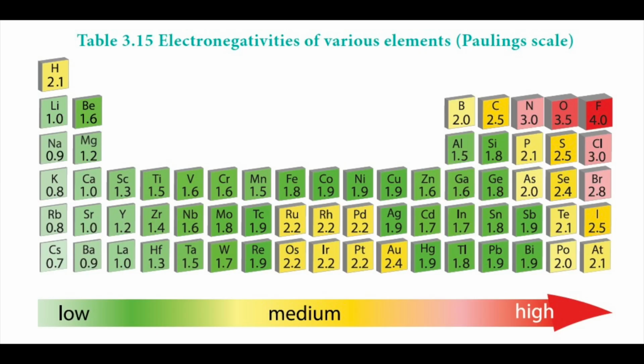Chlorine is less electronegative compared to oxygen, and therefore we are putting the chlorine atom at the center, and then 2 oxygen atoms on either side, and then 1 bond pair each between chlorine and oxygen, and then let's put 3 lone pairs around each oxygen atom. So if we do that, then basically we accounted for 16 valence electrons.